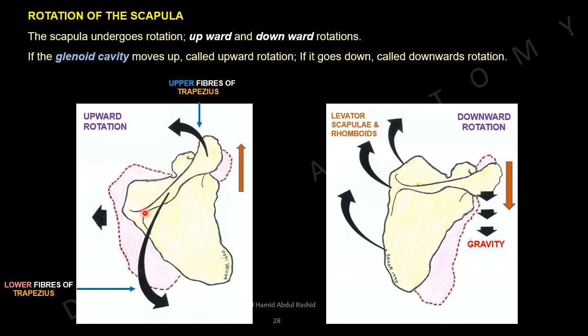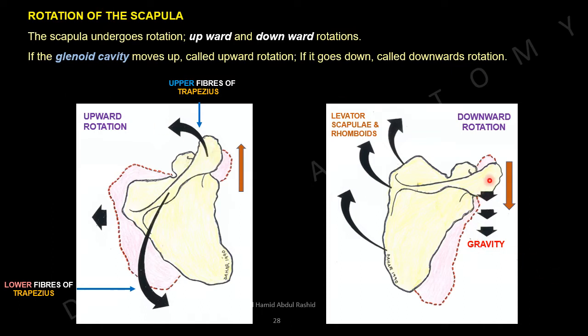At the medial end, the fibers attached are inferior fibers of the trapezius. Though they are the same muscle, one muscle, this part is acted on by upper fibers, this by the lower fibers. When they contract, this part will be pulled up and this part will be pulled down. That is upward rotation of the scapula, where the glenoid cavity will move up.